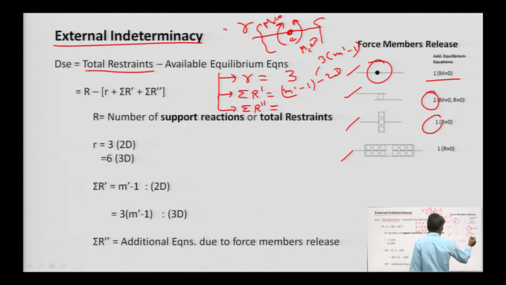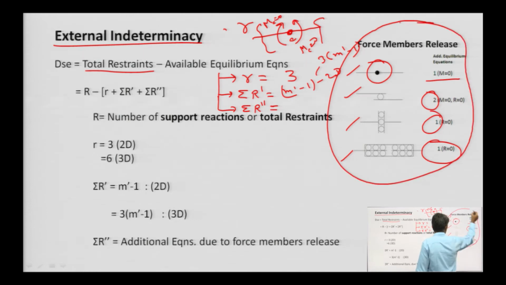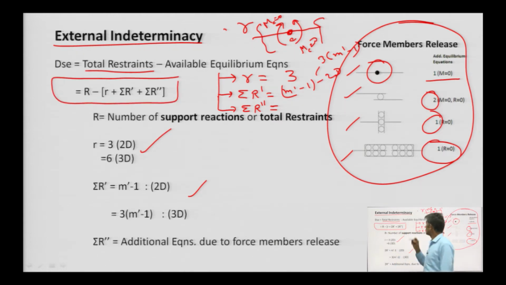In this case, 1 additional equation, and in this case, 1 additional equation. That has been discussed in the previous lecture under kinematic indeterminacy. So, small r is 3 or 6 depending upon 2D or 3D. Sum of r dash is this, and r double dash is the additional equilibrium equation due to force release members. With the help of this expression, external indeterminacy can be calculated.